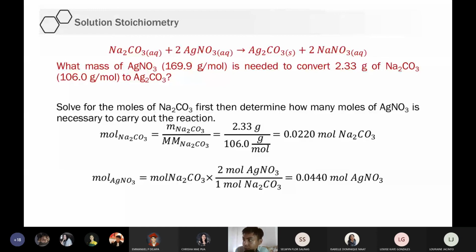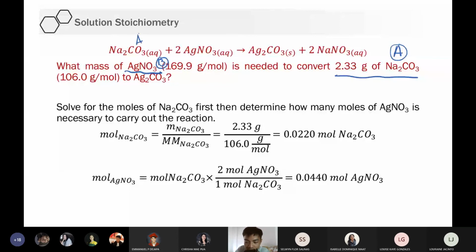Okay. So, ano yung given substance? Hulaan nyo. Yung may mass. Yun yung given substance. So, this will be my given substance. Okay. Then, ano yung desired substance? Yung tinatanong, silver nitrate. So, this is my given, sodium carbonate.